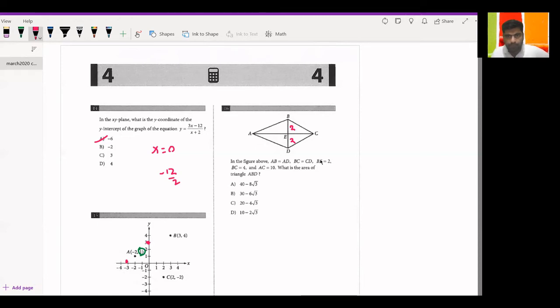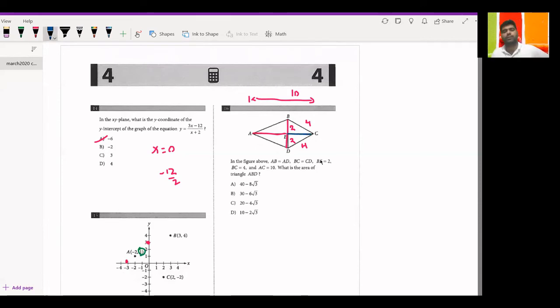BC is 4, therefore CD is also 4. AC is 10. So from here to here, it's 10. What is the area of triangle ABD? So I already have the base, I want the height, which is this. So I'll subtract the line that is now drawn in blue.